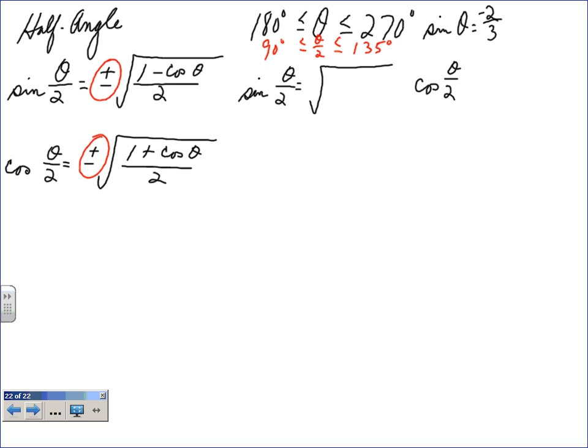All right. 1 minus sine of theta, which is negative 2/3. I need cosine theta. So we have to use the Pythagorean theorem again, don't we? X squared plus y squared equals r squared. Given my radius is 3. Sine is y over r.